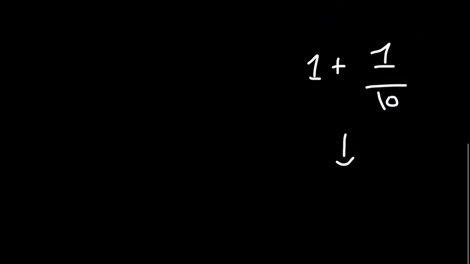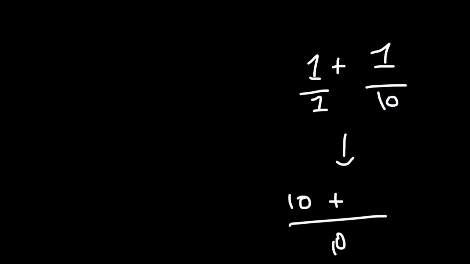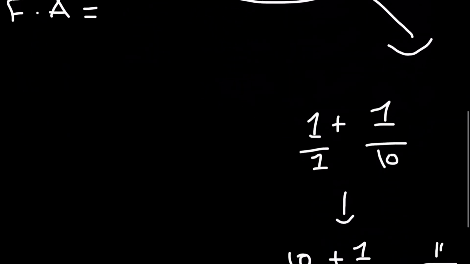Their LCM is 10, so 10 divided by 1 in the first fraction is 10, 10 multiplied by 1 is 10, plus 10 divided by 10 is equal to 1, and 1 times 1 is 1. So this will be 11 divided by 10, right? Okay, so we have 11 divided by 10 in the parentheses.